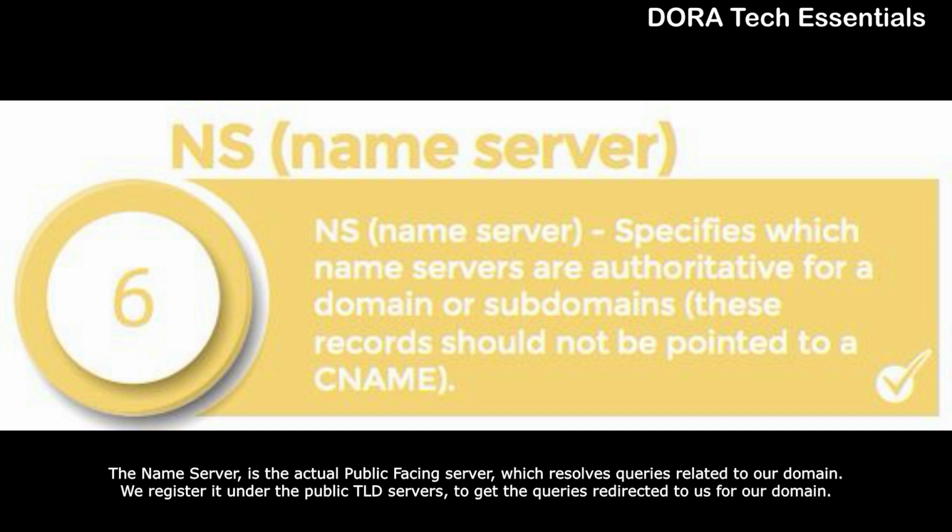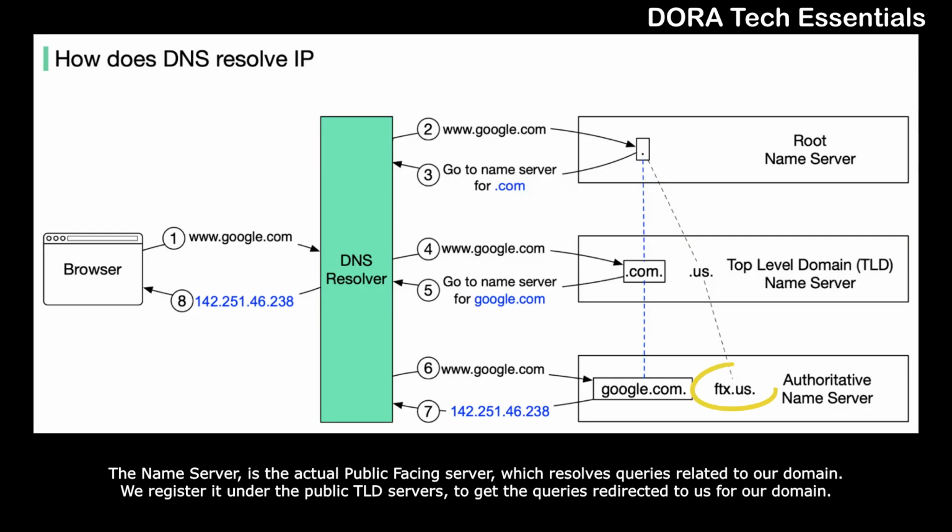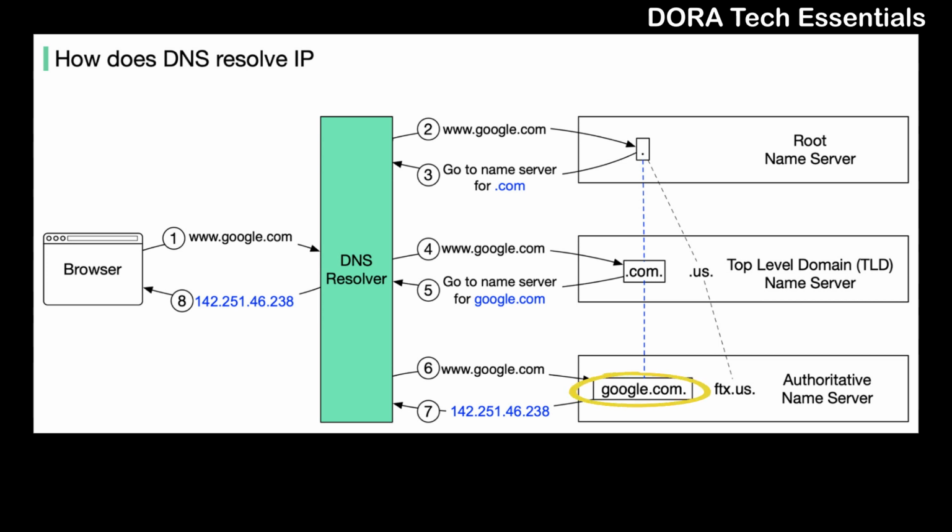The name server is the actual public-facing server which resolves queries related to our domain. We register it under the public TLD servers to get the queries redirected to us for our domain.